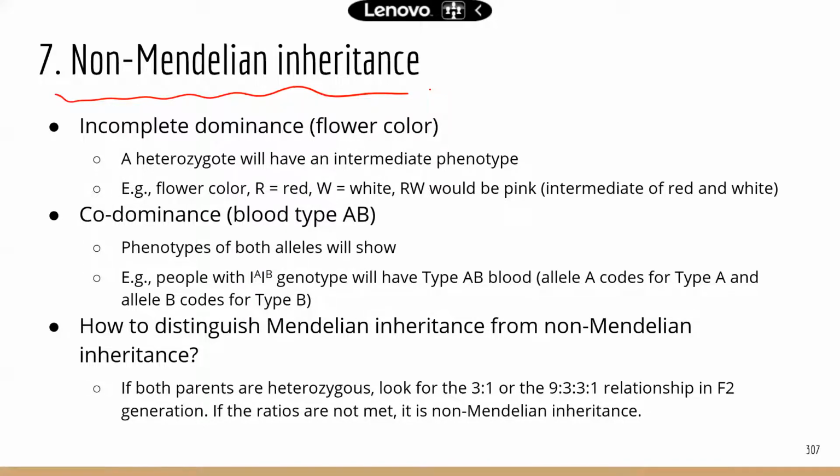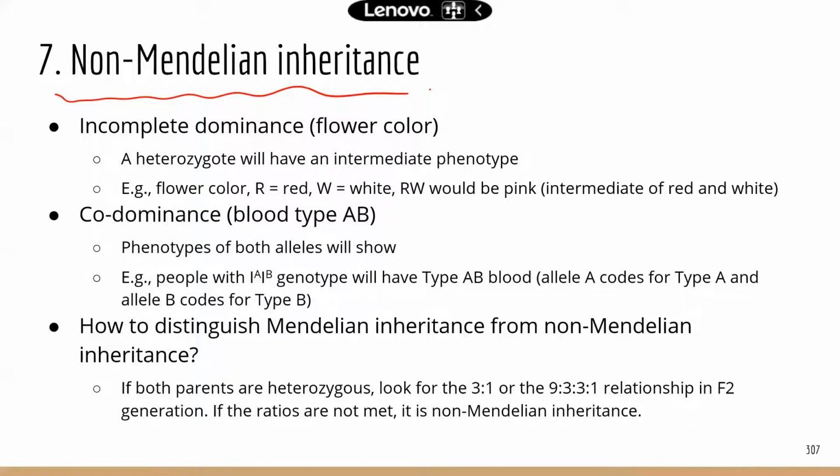The TEAS study menu did mention that there might be questions where you have to differentiate Mendelian inheritance and non-Mendelian inheritance, and with the numbers and information provided in the question, identify whether this is a trait that follows Mendelian inheritance or not.